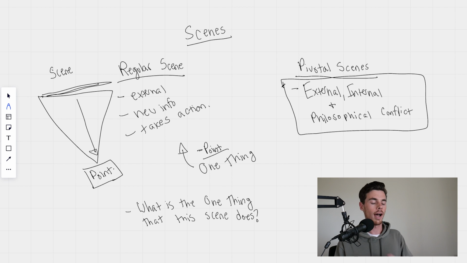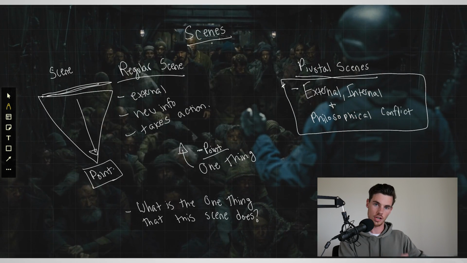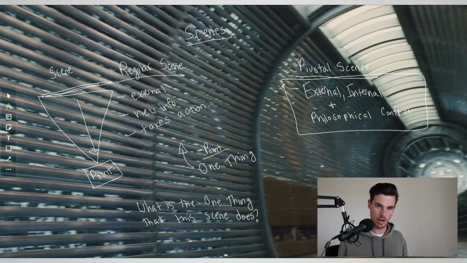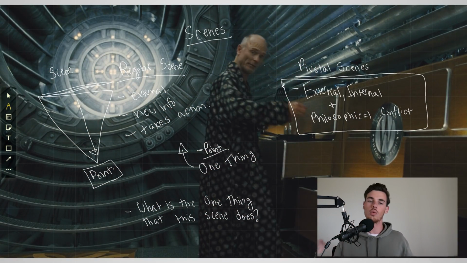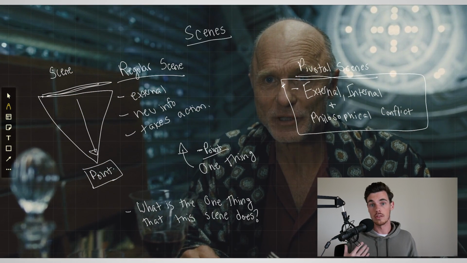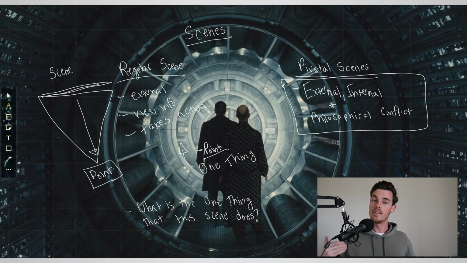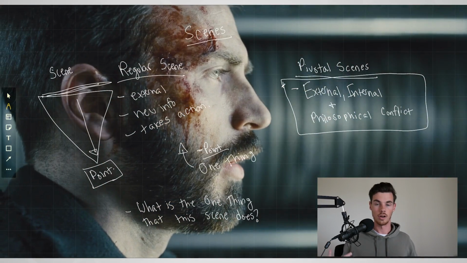So what I'm talking about here is if we look at an example of Snowpiercer, when Curtis gets to the front of the train and meets Wilford, Wilford offers him a choice. Wilford says, okay, you can either take over for me and run the system as I have run it, or you can die.